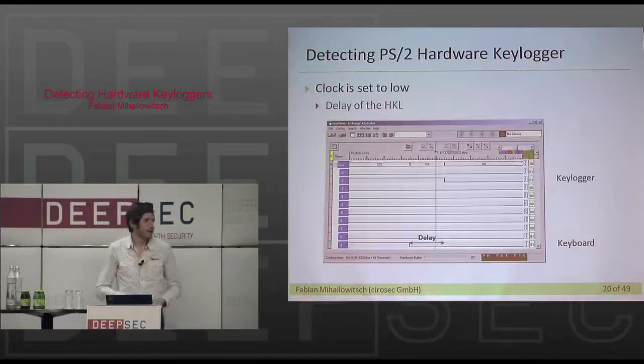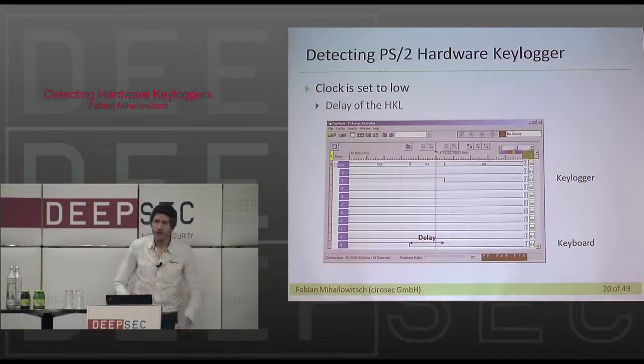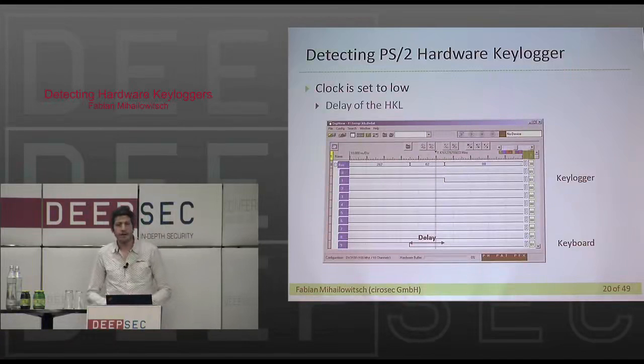But if you take a closer look and zoom in, analyze it in more detail, you can see when the clock in that example is pulled low, the keyboard pulls the clock low, and the keylogger does the same, but with a slight delay right here.